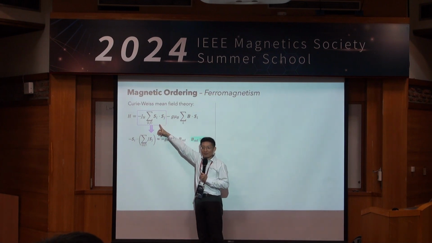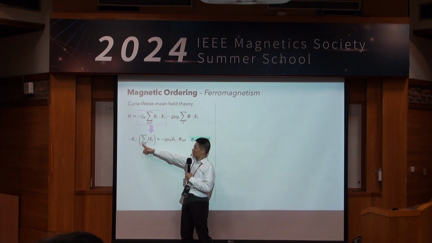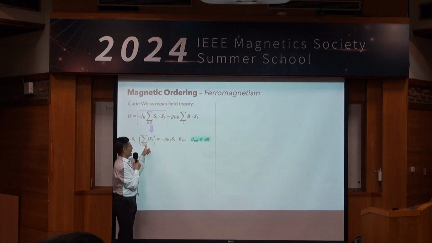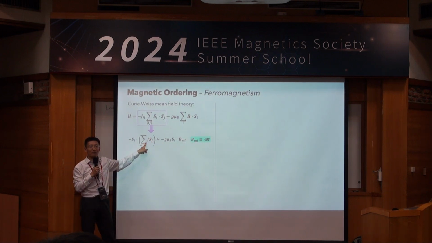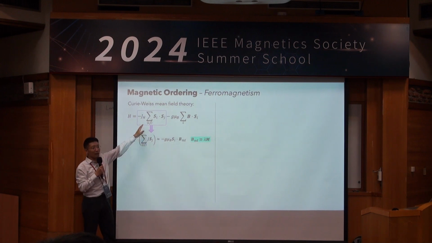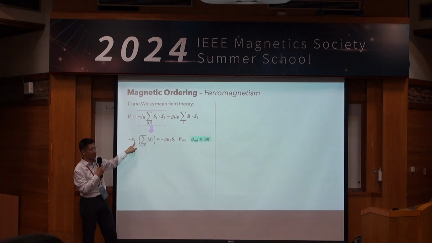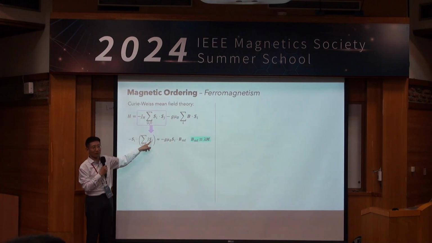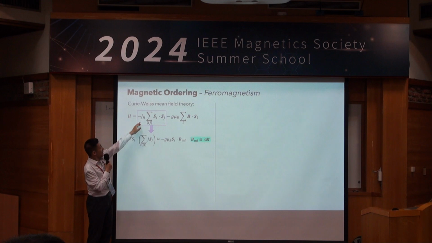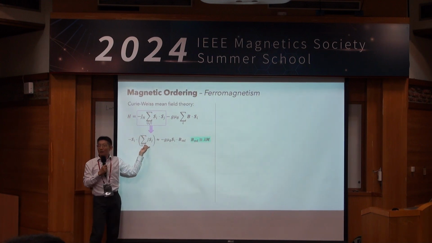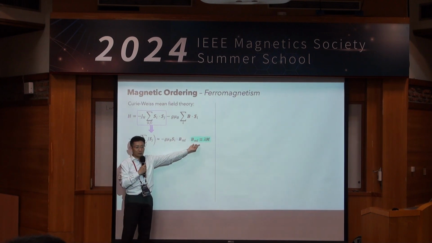decouple the spins. For example, the spin Si is interacting with all its neighbors through the Heisenberg exchange. And here I didn't even specify the microscopic mechanism of the Heisenberg exchange. It could be RKKY, it could be direct or indirect, superexchange, whatever. But the thing is, Si is indeed interacting with its neighbors. But based on the mean field approximation, we could recast the exchange interaction into a mean field.